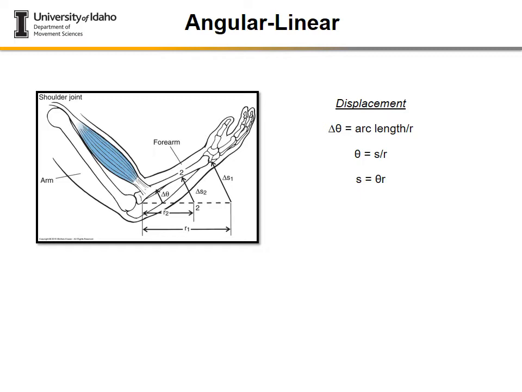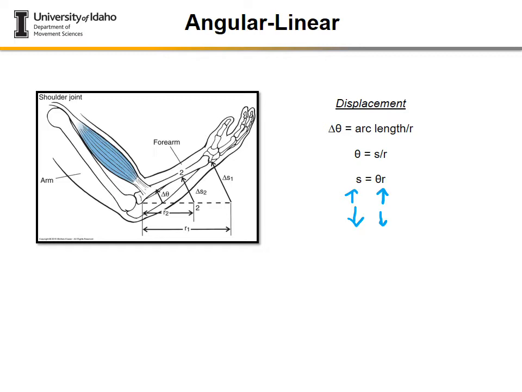As we increase the radius, you probably guessed it, the arc length increases. As the radius decreases, so does the arc length, given that the angle, delta theta, that the elbow or object went through is the same.